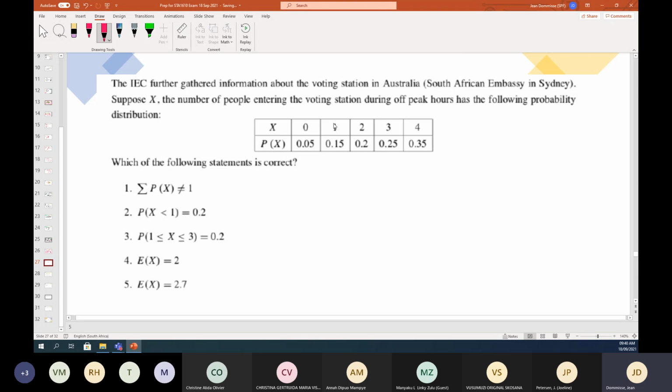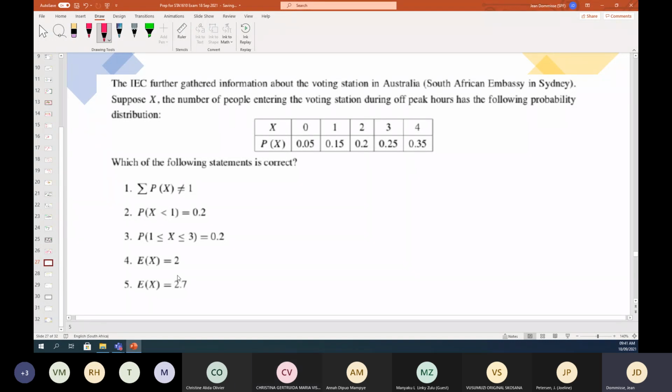X equal to 1. So it's very similar to the one that we had, the distance from a school. We could have plotted that in a discrete variable table as well.